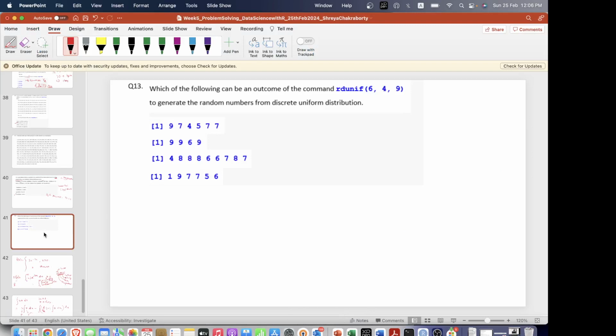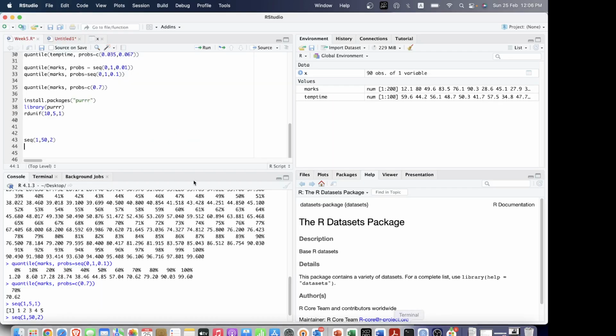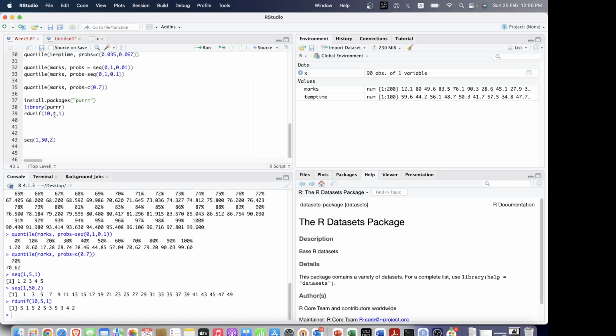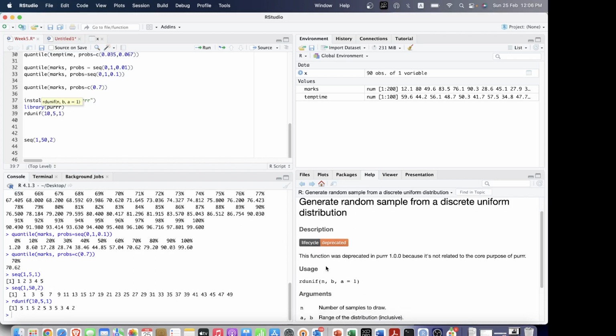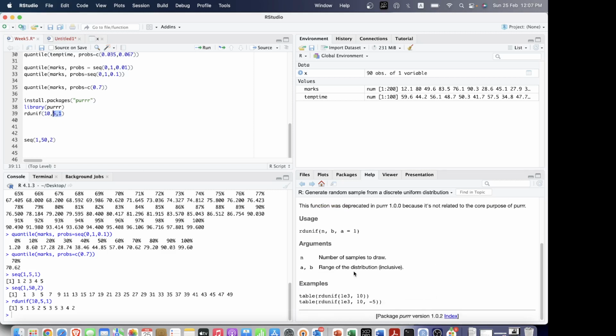All right, and this is the last question for today. Which of the following can be an outcome of the command rdunif? To use this command you have to install the package purrr and load it. What rdunif(10, 1, 5) does is generate 10 numbers between 1 and 5, the range of the distribution.